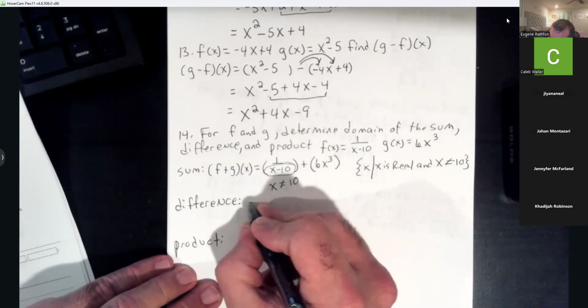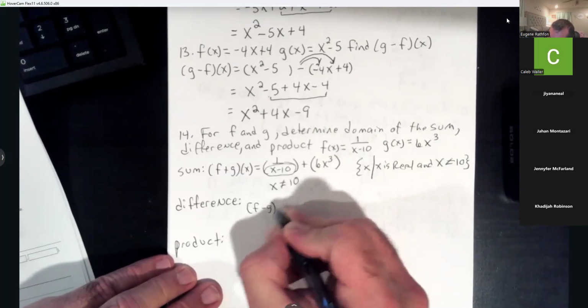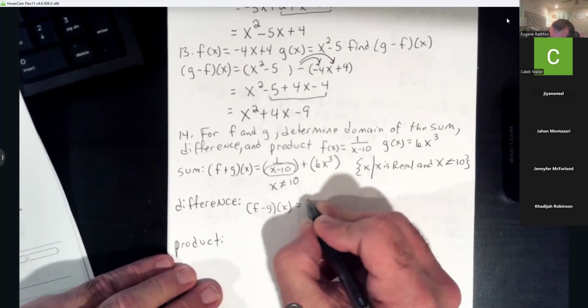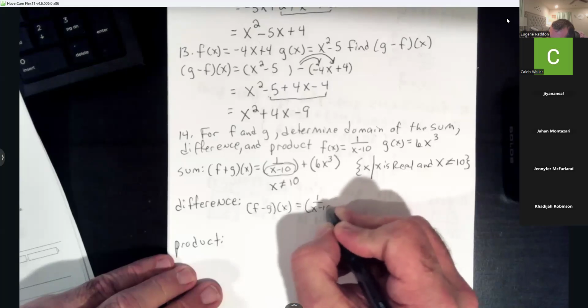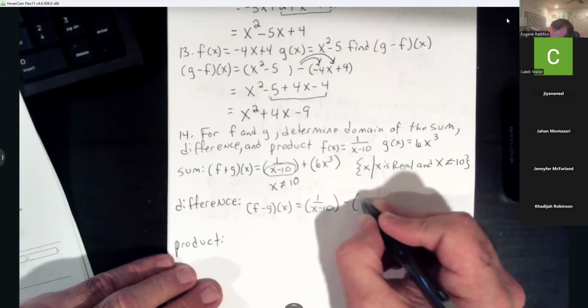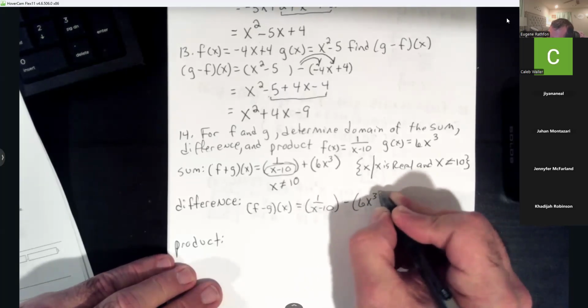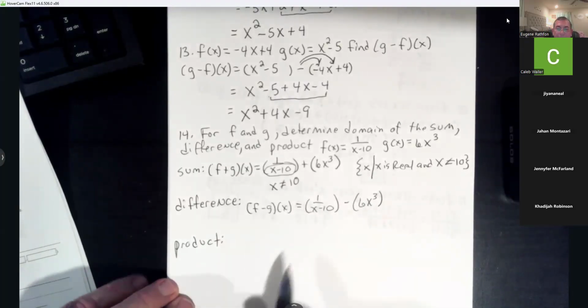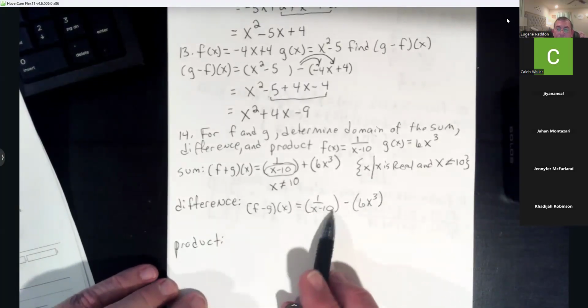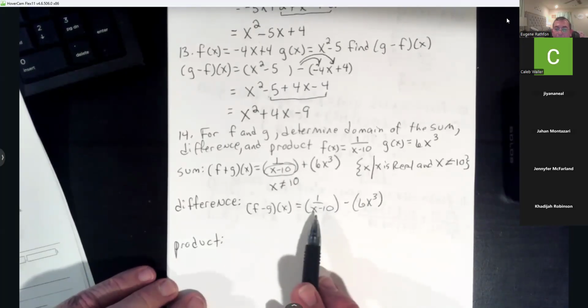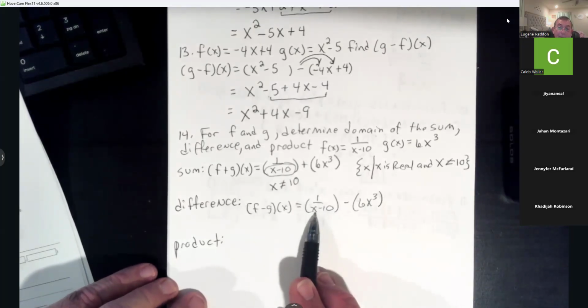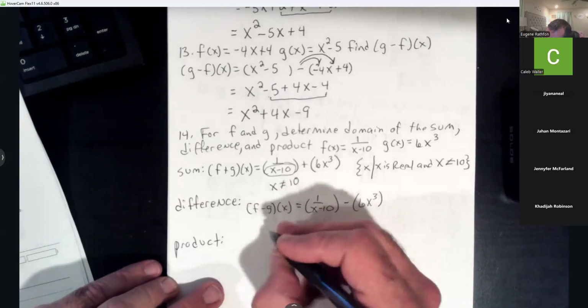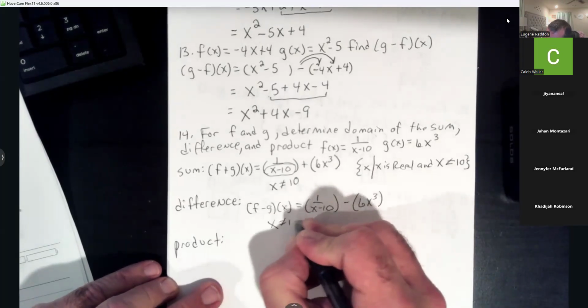All right, y'all. So the difference would be f minus g of x. That'll be 1 over x minus 10 minus 6x cubed. Or is it not the same situation? You still got the only fraction here with the variable in the bottom. So that x still cannot equal 10.